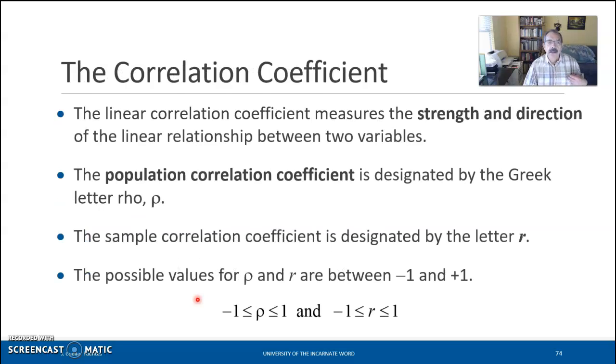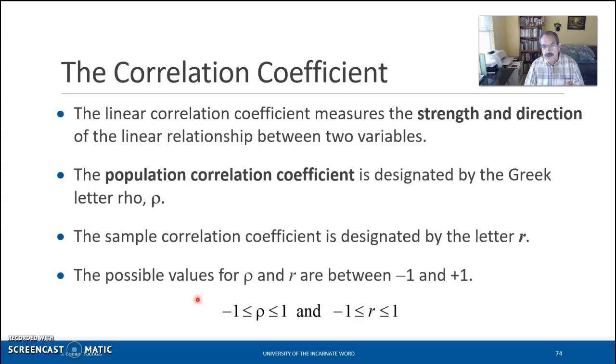All right, the correlation coefficient is very important. It measures two characteristics: the strength and the direction of the linear relationship between two variables. The population correlation coefficient, we use the letter rho to denote.